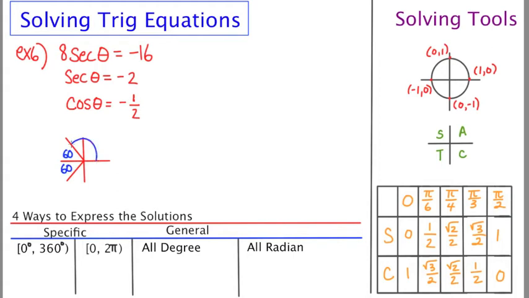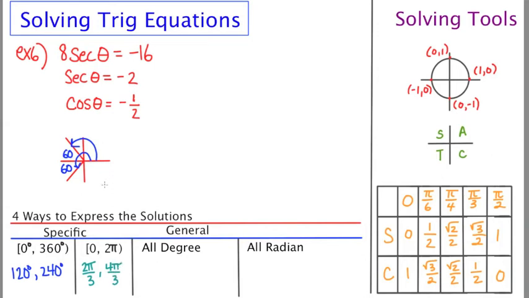And the first answer is going to be 120. And the second answer is going to be 180 plus 60, or 240. Now, if we were asked to do this in radians, we would just convert, which would be 2 pi over 3 and 4 pi over 3.